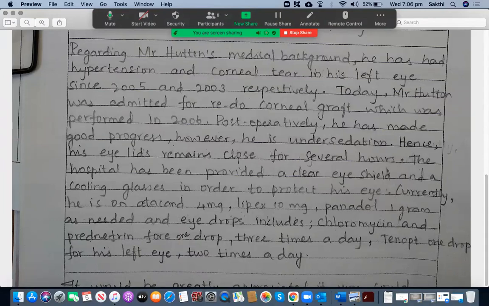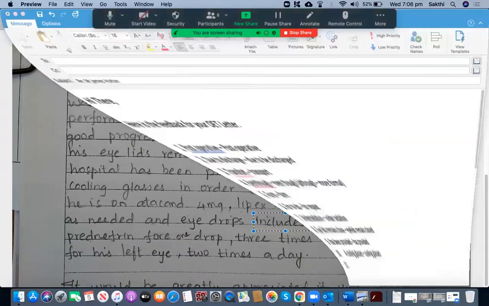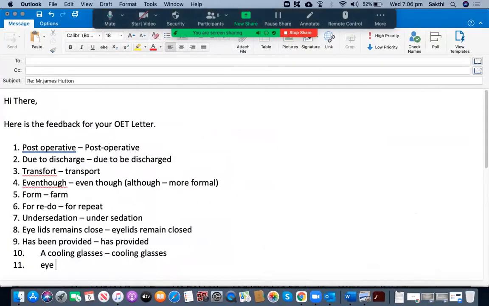So you should say eye drops include, or including. Eye drops includes is wrong. You should say eye drops include, or you can say including.